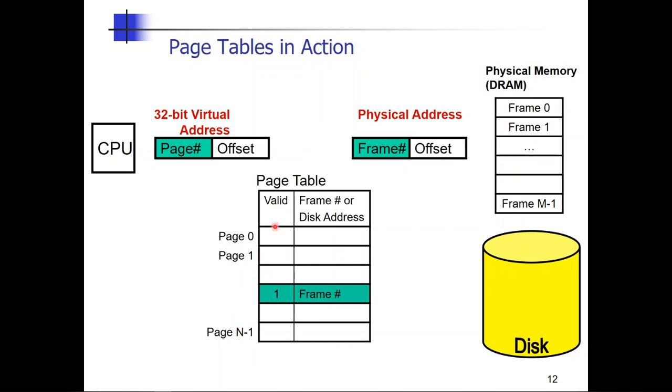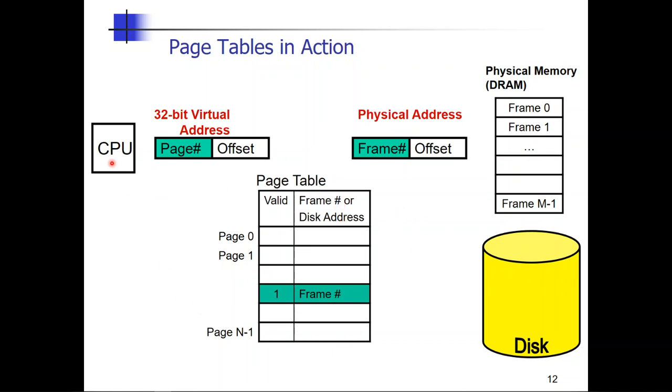We have a bit for valid. One means it gives you the mapping between the page number and the frame number. Otherwise, if it's a 0, it means that we could have the information on the disk and you probably would need to access that. So let's see how all of this works.